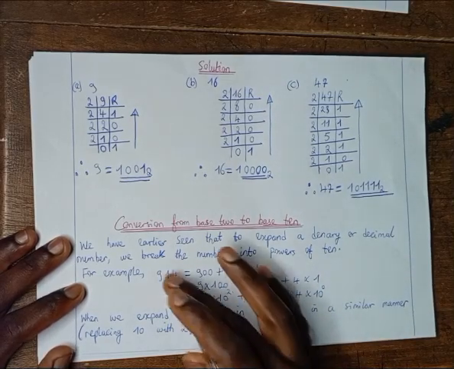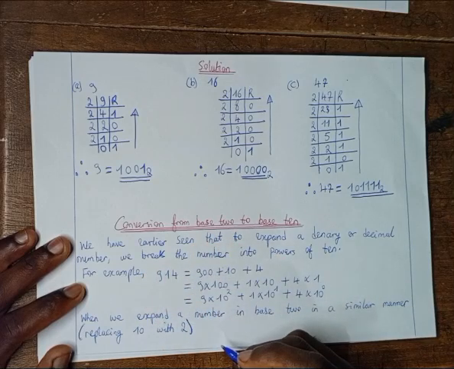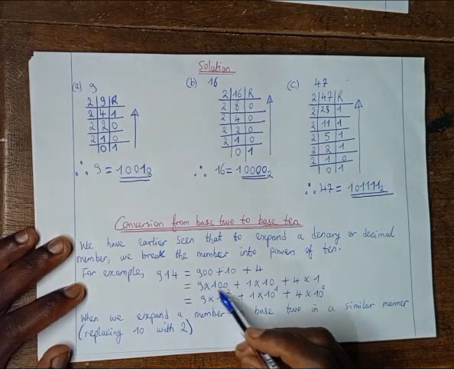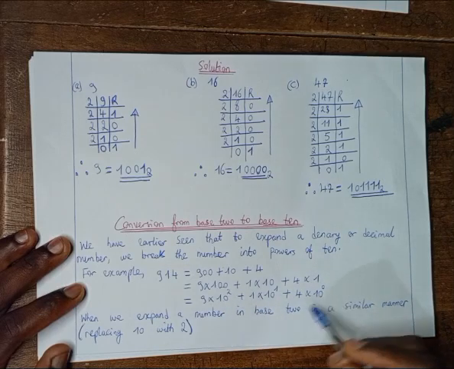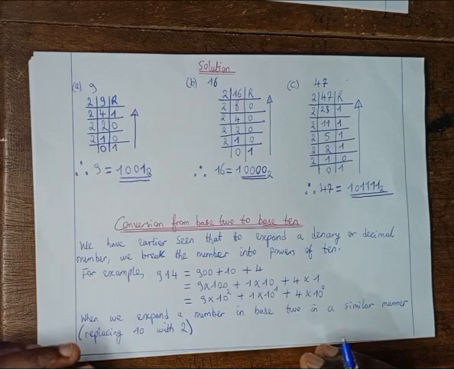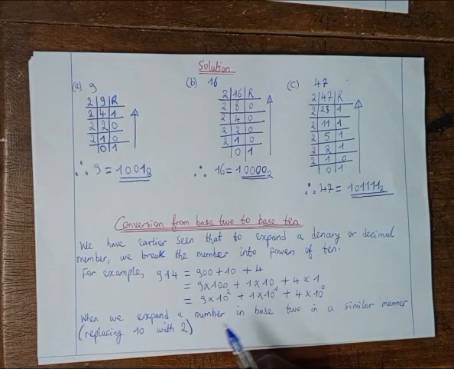For example, in this expansion, if we were given this number in base 2, in the place of 10 to the power 2, instead we have 2 to the power 2, 2 to the power 1, 2 to the power 0. When we do something as such, we are going to obtain that number in base 10.